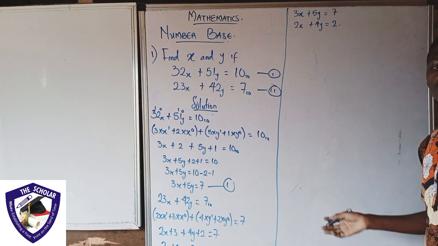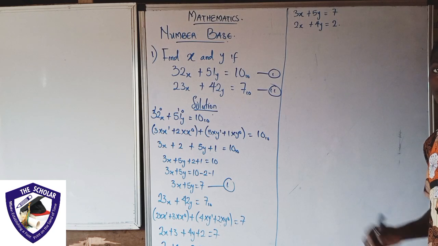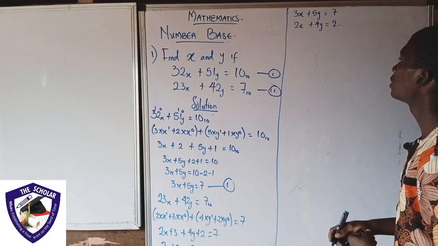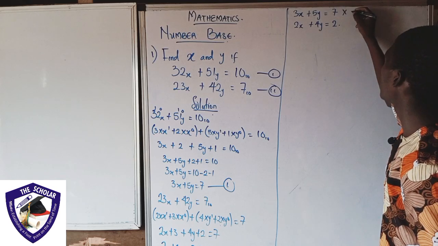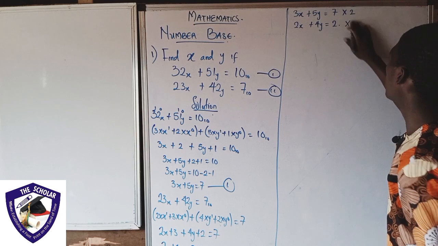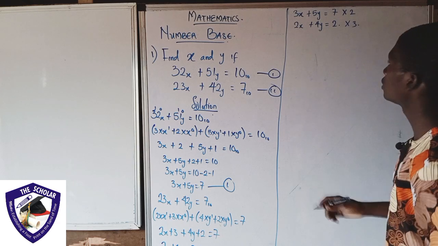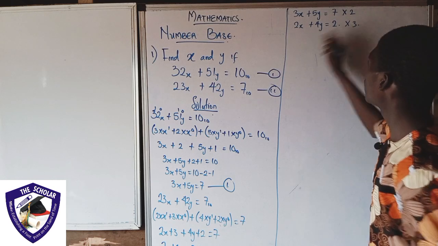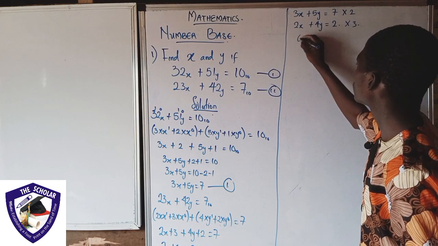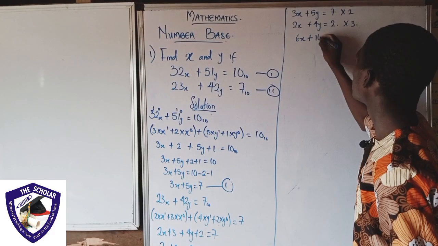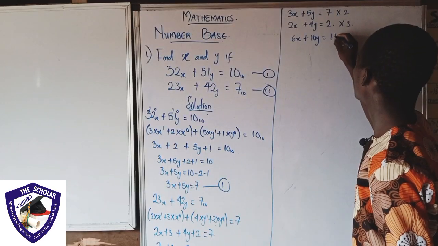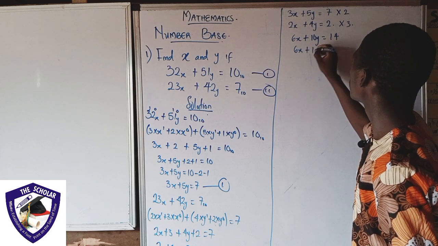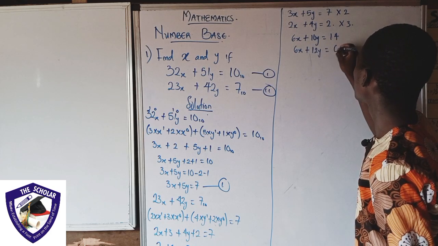Now I can either use the elimination method or the substitution method. So I am choosing to use my elimination method. So I want to multiply my equation 1 by 2 and my equation 2 by 3, so I can be able to eliminate my x. So I have my equation 1 to be 6x plus 10y equals 14 and 6x plus 12y equals 6.